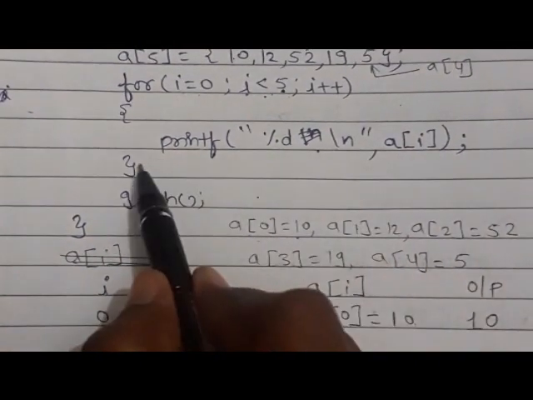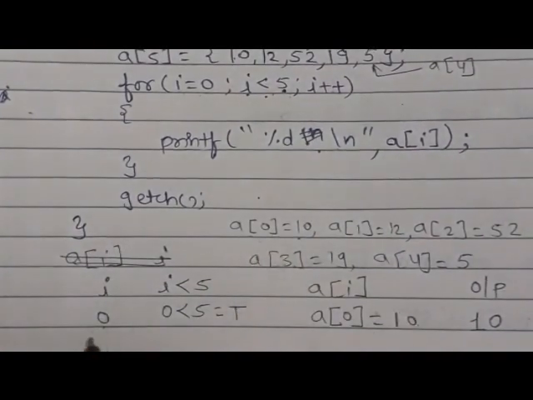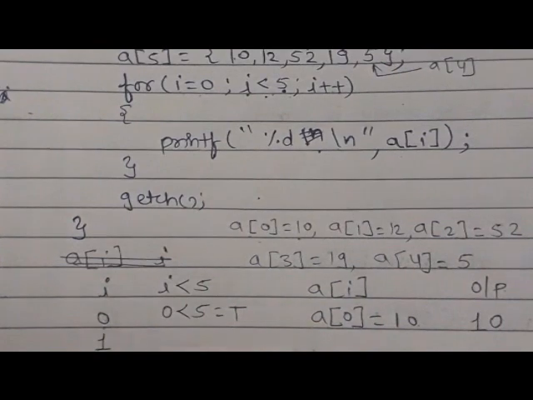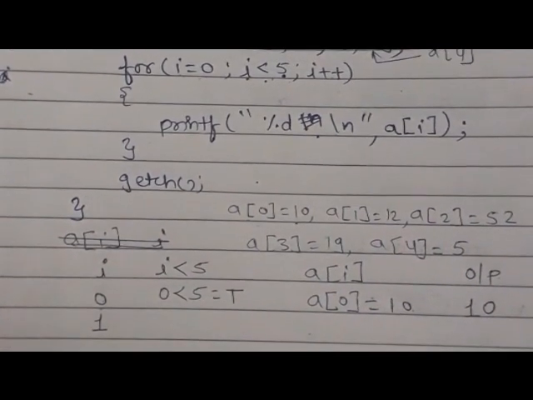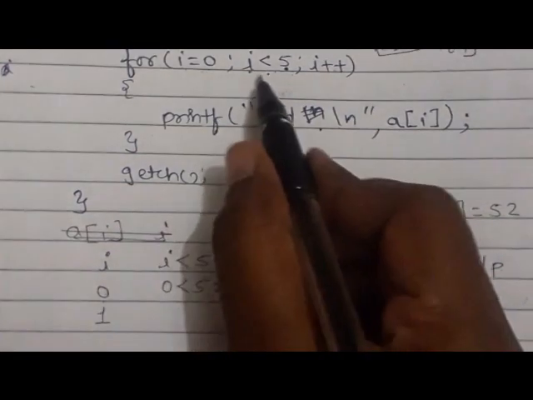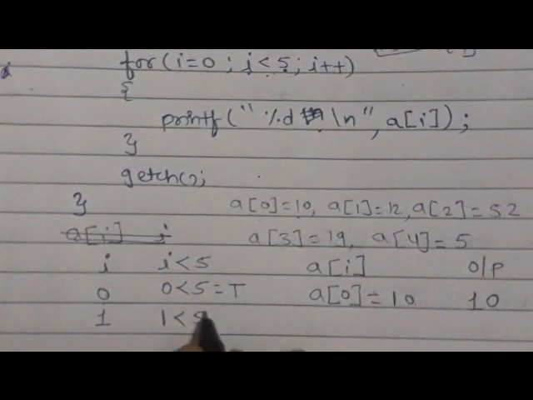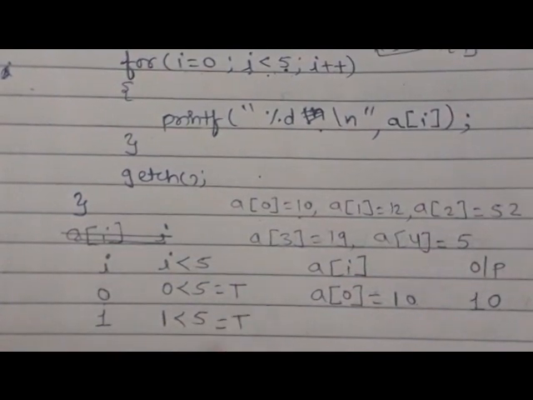Now after 10, it will again come to the increment. Increment means the value of I will be increased by 1. Now again it will check the condition I is less than 5. 1 is less than 5 and this condition is true.